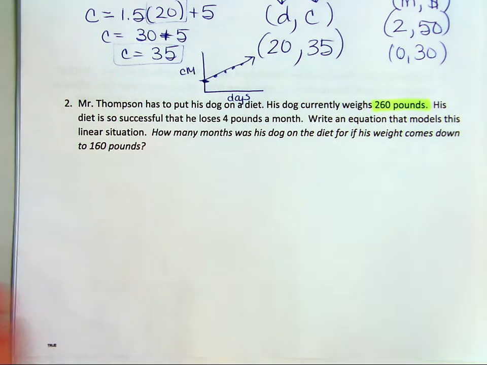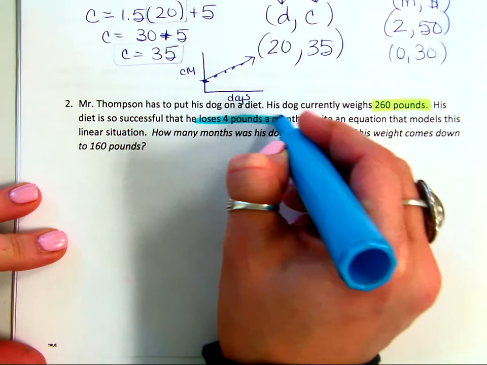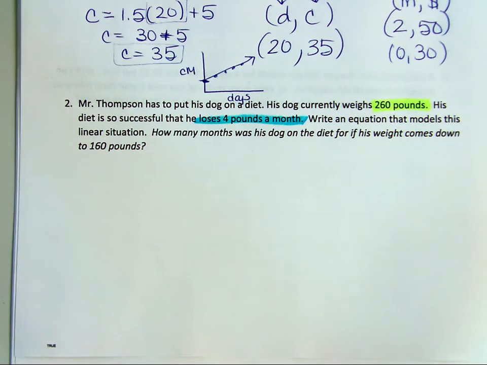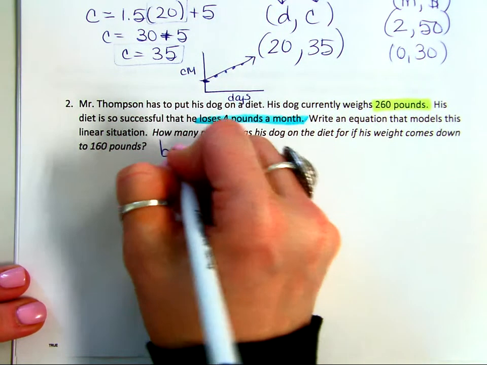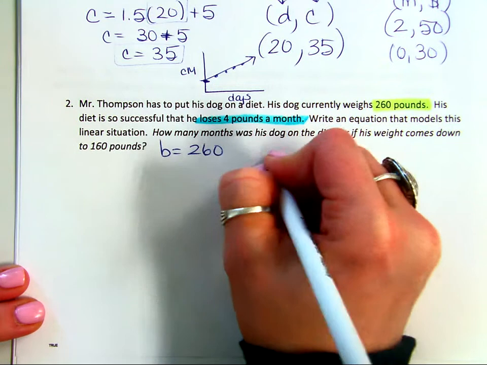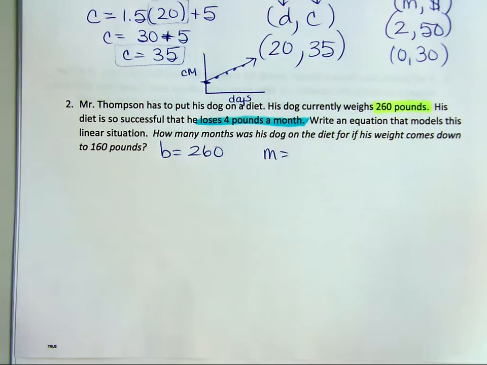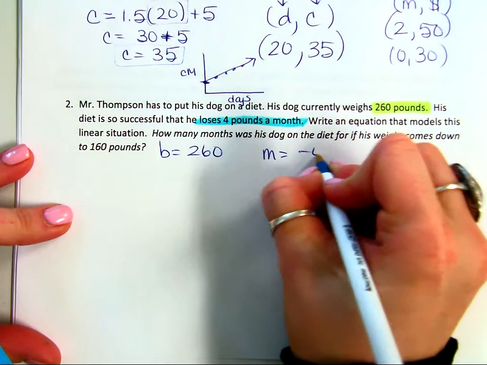So loses, because when I go right here, he's starting at 260, but his rate of change is what? If his rate of change is 4 pounds, he's gaining weight. Yes. Do you see that? So that's why loses is pretty important.